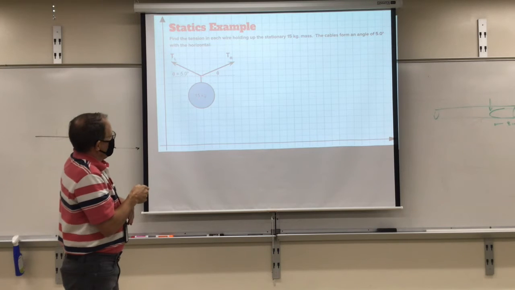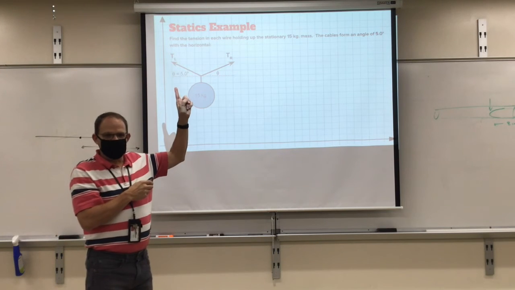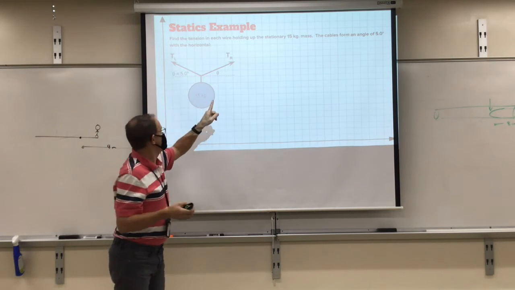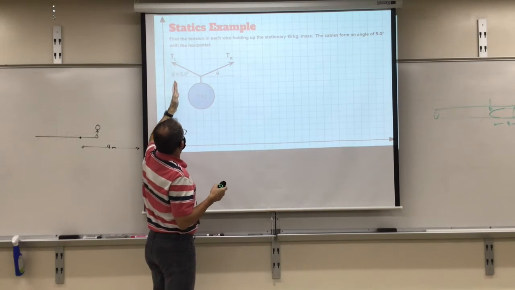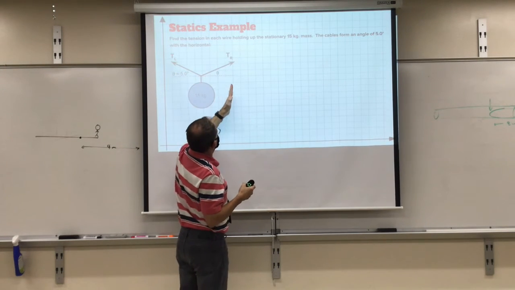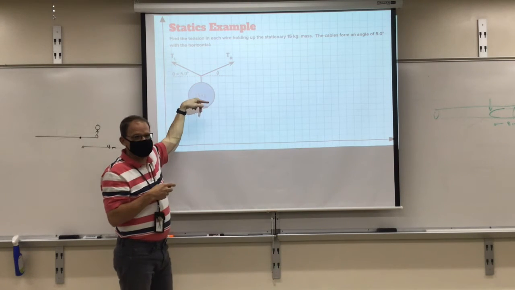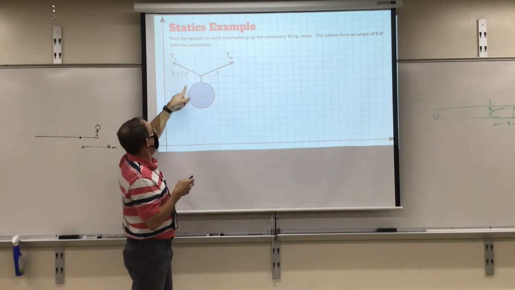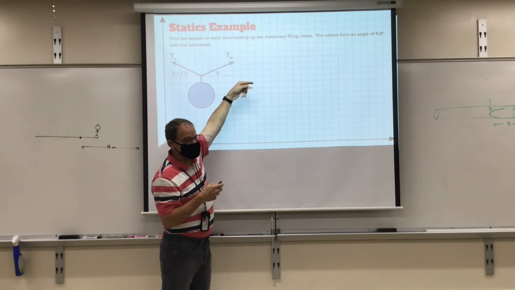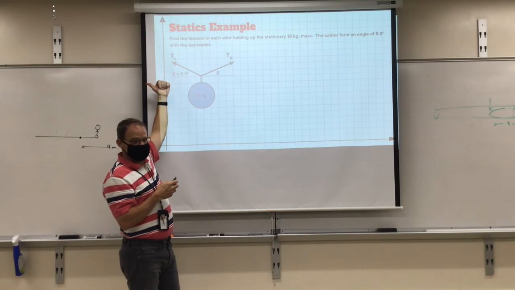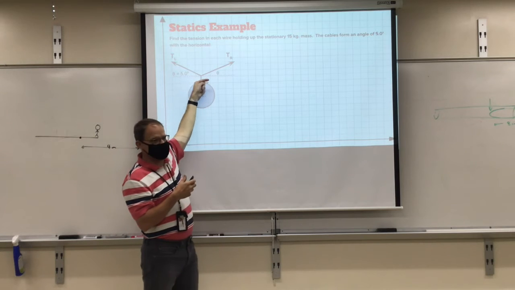Whatever force is going down, the exact same amount of force must be going up. And so the part of this force going up and the part of that force going up must add up to the force going down, which is 150 newtons, right? And then the force going to the right must equal the force going to the left. If they weren't equal, this thing would move.